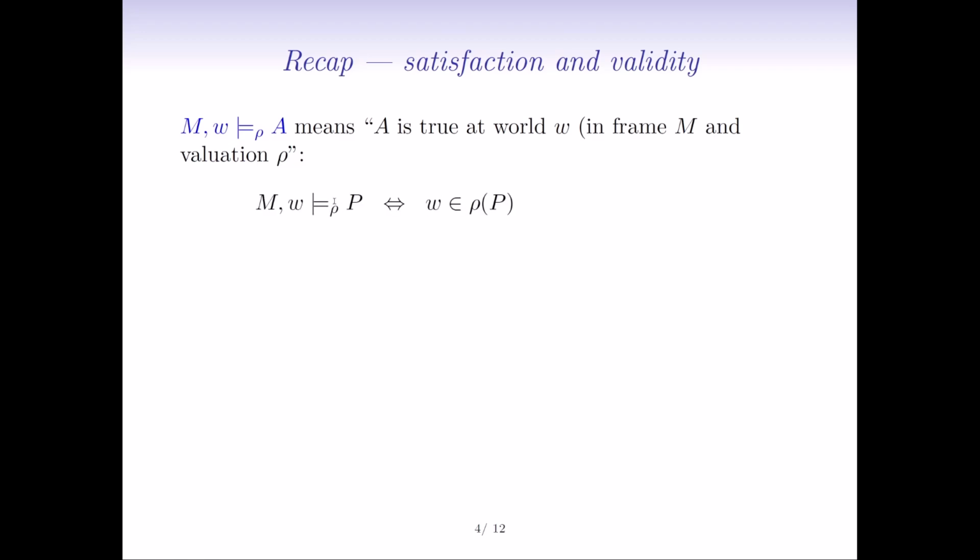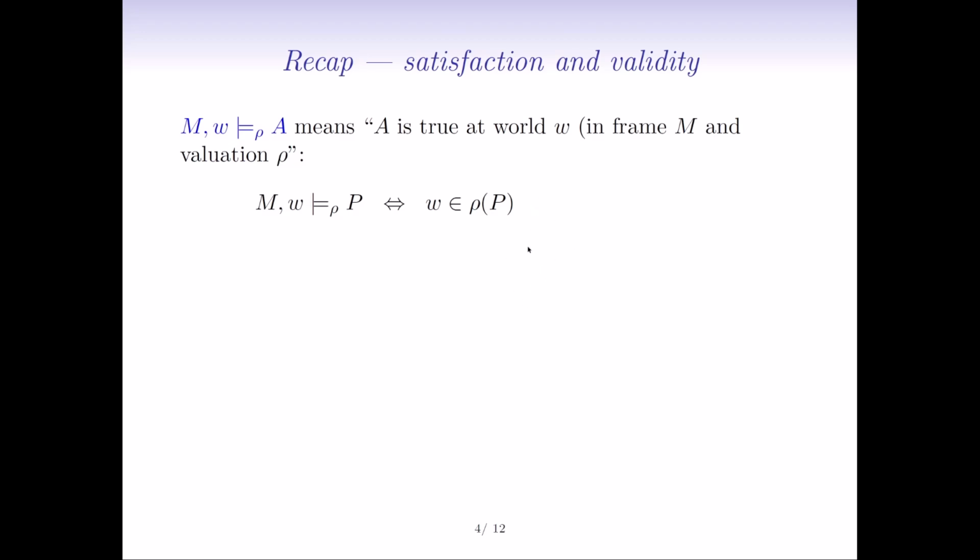And perhaps the most important clause is the one for propositions. So proposition P is true at world W if, well, remember that the valuation tells us the set of worlds where the proposition is true. So we take rho of P, that's a set of worlds, we check that W belongs to that set. So P is true at world W just in case W belongs to the valuation of the proposition letter P.